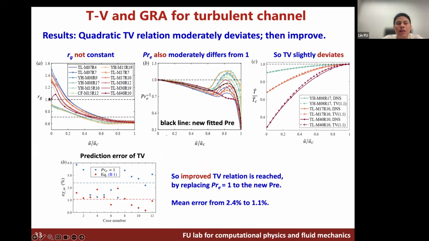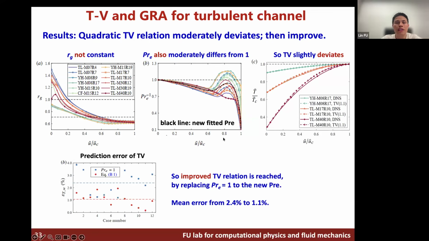For the turbulent channel flow, again, Rg is not constant. This assumption is not important, actually, as you can see here. It's never valid. But Pr_e equals 1 also moderately differs from 1, but there is a pattern. If there is a pattern, we can parameterize the Pr_e and get a numerical solution. We can reduce the prediction error of the TV relationship compared with DNS from 2.4% to 1.1%.